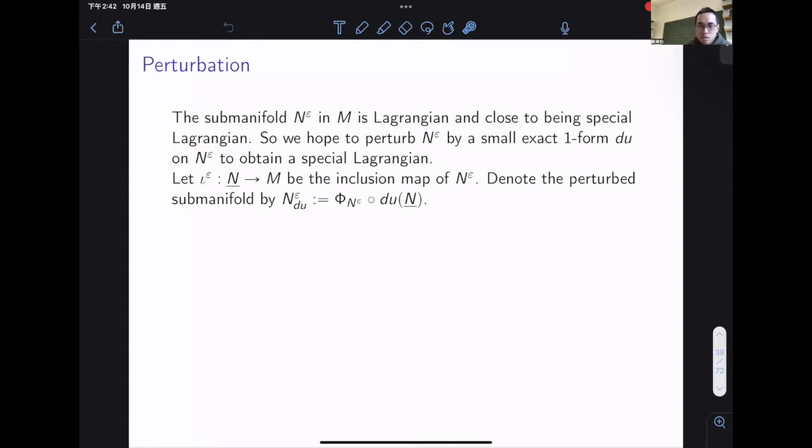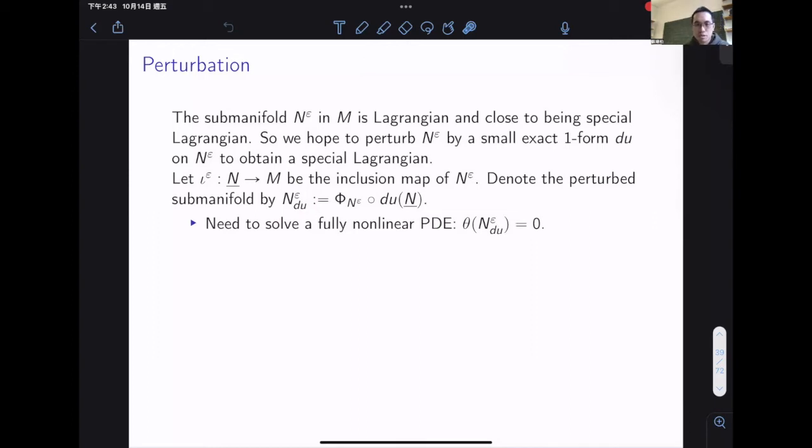Using the Lagrangian neighborhood map capital Phi, by Weinstein's theorem, we let the new perturbed submanifold be N epsilon du, which is the graph of du over this N epsilon. We want to show that this perturbed submanifold N epsilon du is a special Lagrangian with phase 0.